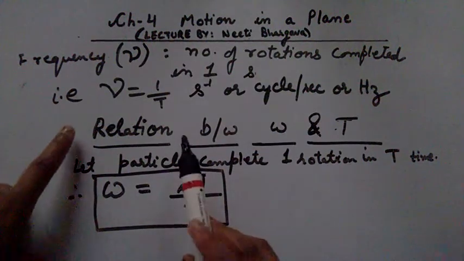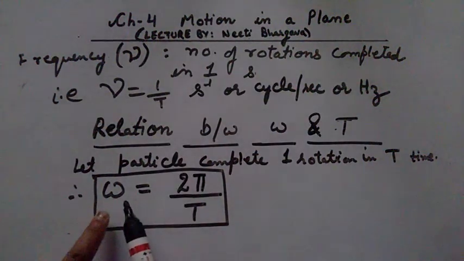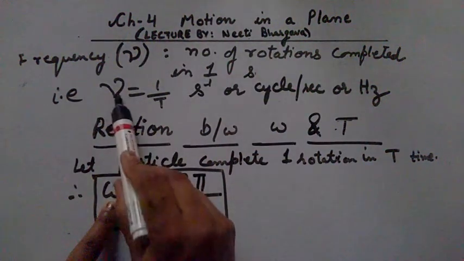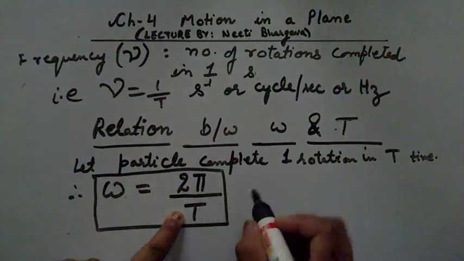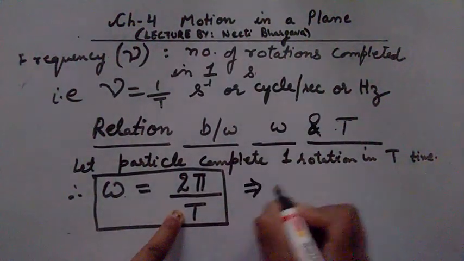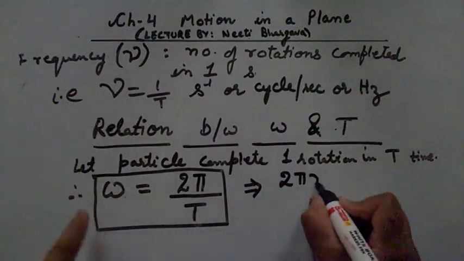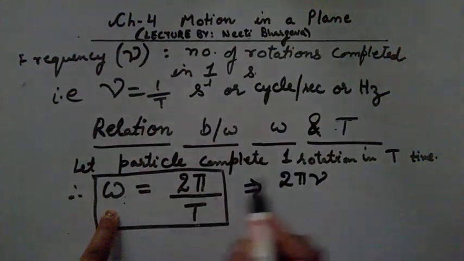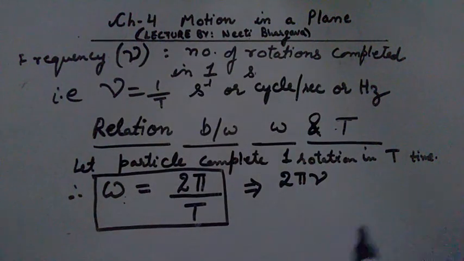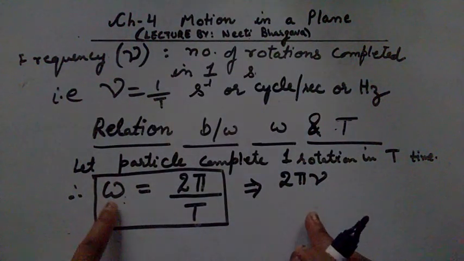Now we can find the relation between angular velocity and frequency, as we can see here that it is equal to 2 pi, and 1 by T is nu. Therefore, omega is equal to 2 pi nu. This is the relation between angular velocity and frequency.